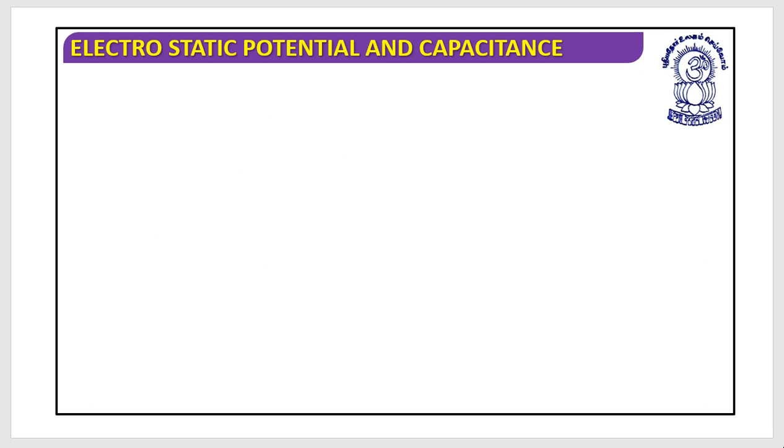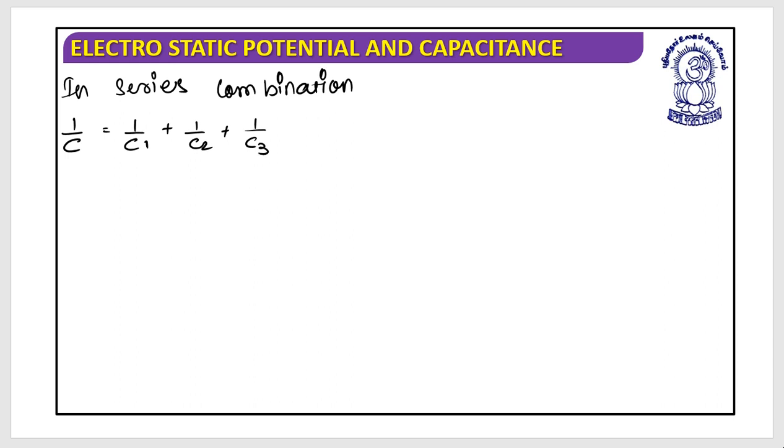So let's summarize this. In series combination, 1 by C is equal to 1 by C1 plus 1 by C2 plus 1 by C3, likewise up to 1 by Cn.